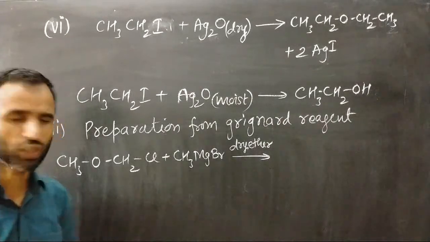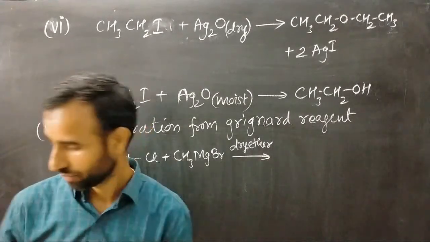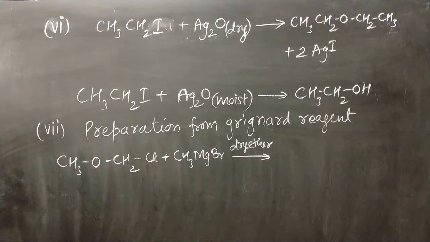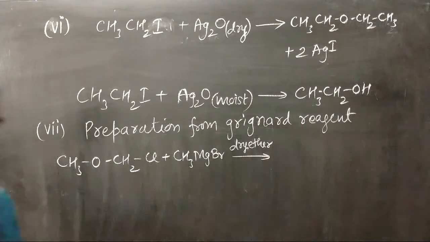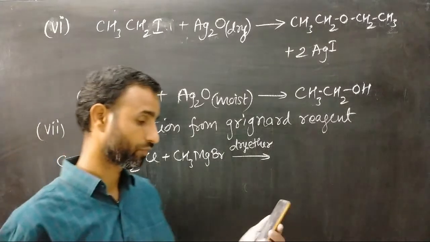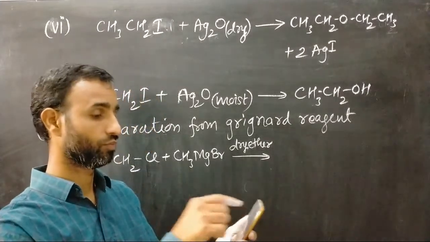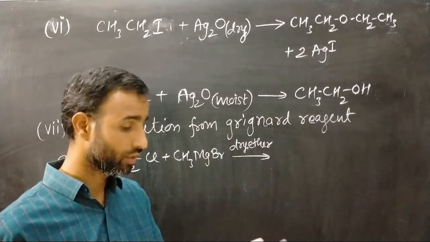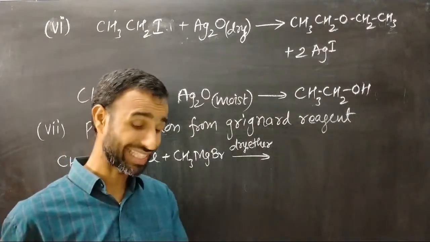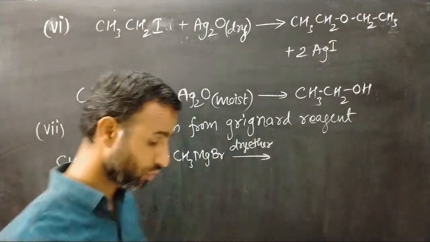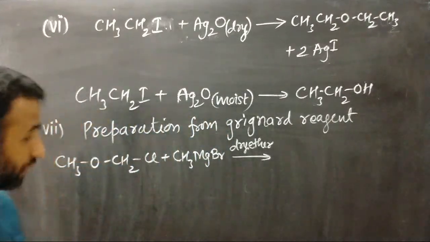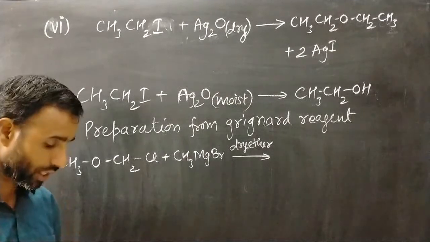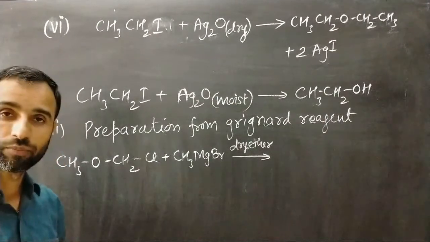What are the products found? Very simple question. Tell me. Good, Swati, very good. CH3CH2OCH2CH3. In this case, what is the product formed?